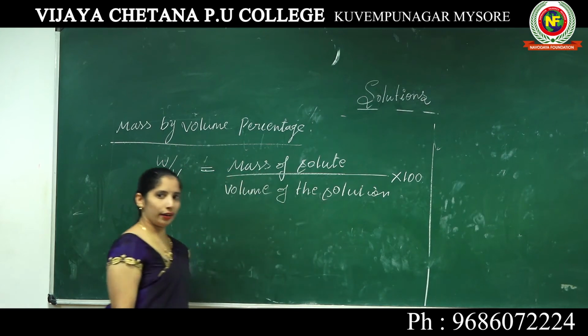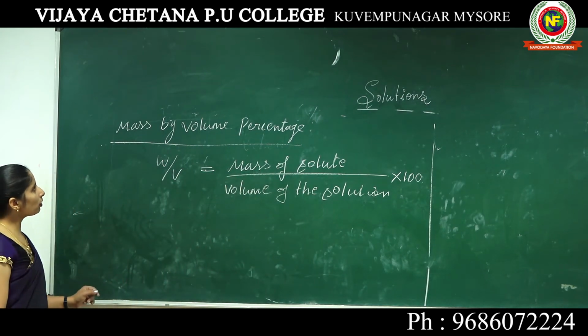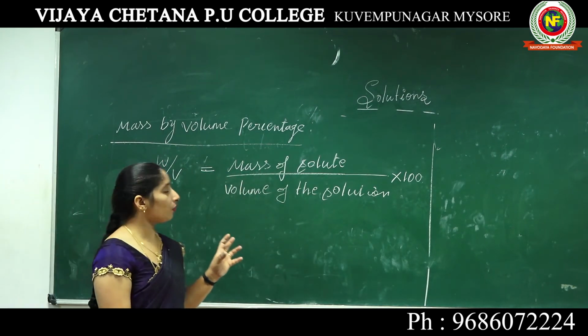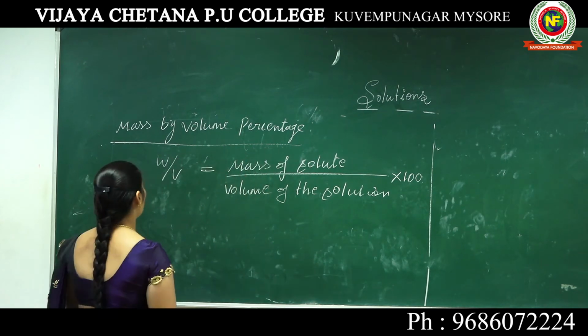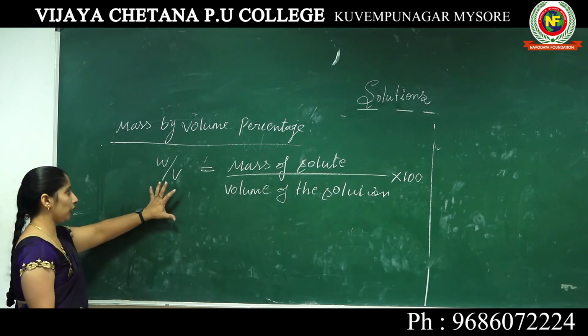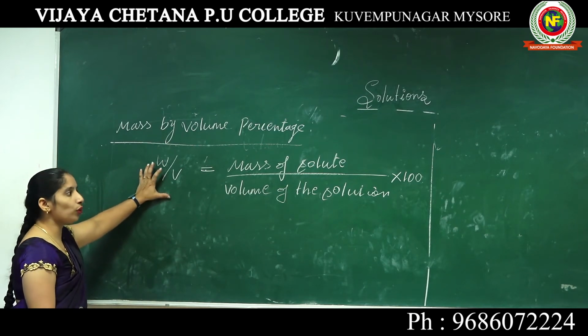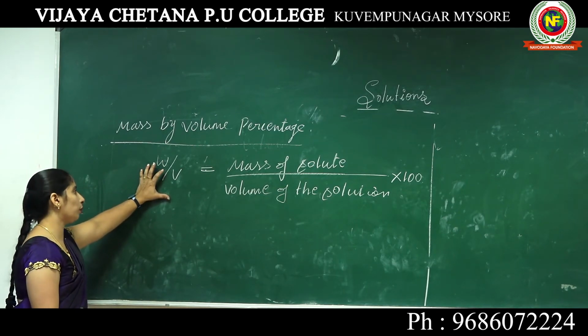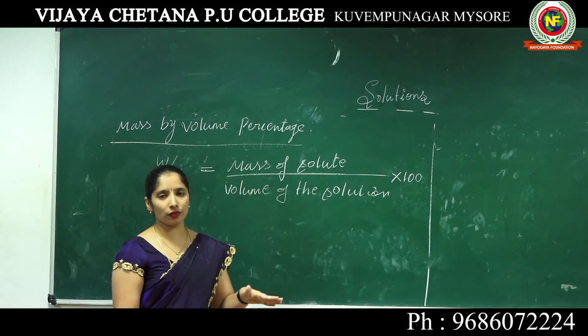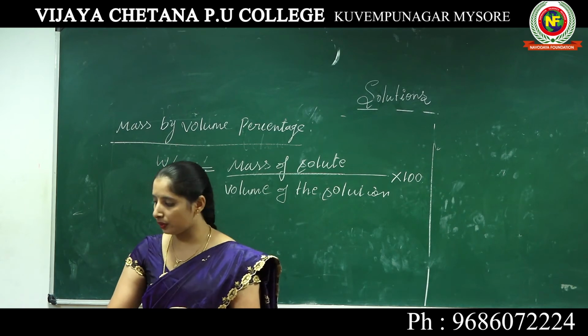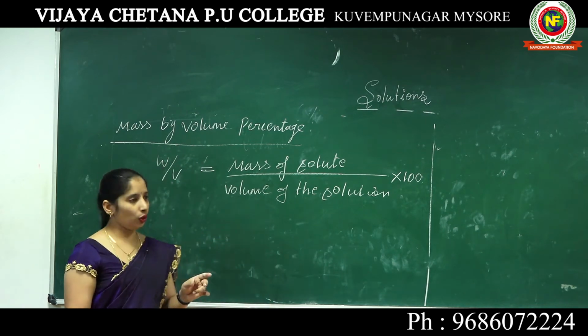So this is the way to express the concentration of the solution, that is mass by volume percentage. How to define this mass per volume percentage? The mass of the solute over the volume of the solution, into 100.